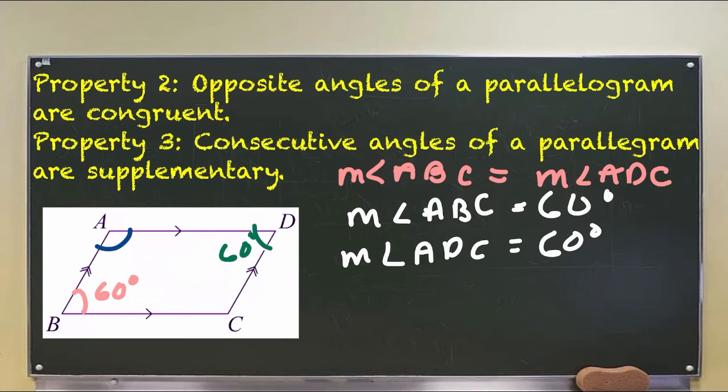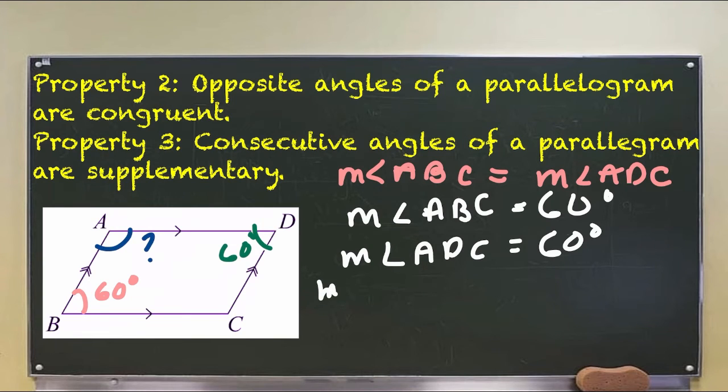How about BAD? Ano bang kinalaman ng angle BAD sa angle ABC? They are consecutive angles. Dapat ang sum nila ay 180. Ano ba ang i-add mo sa 60 para maging 180? Let's solve that.